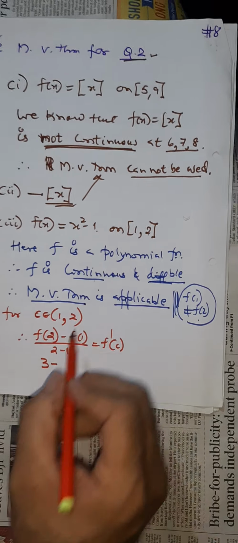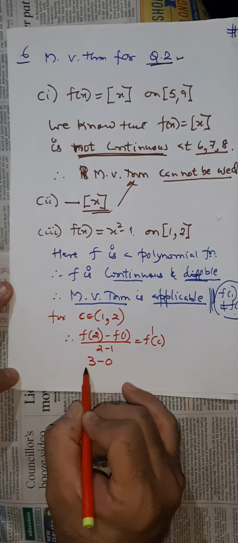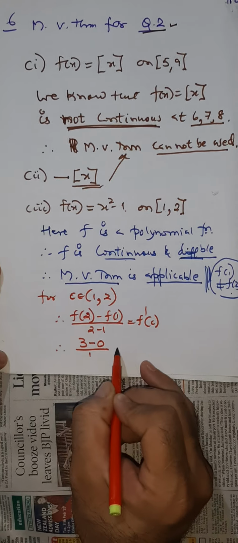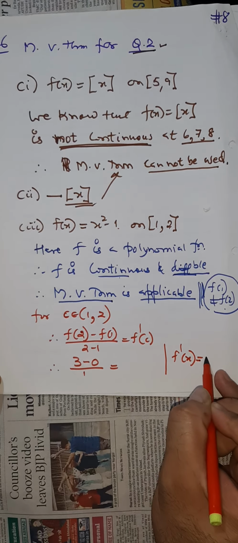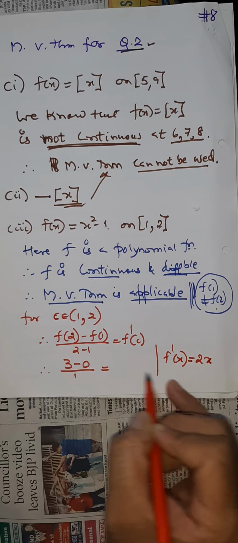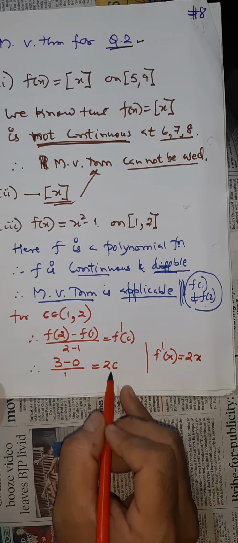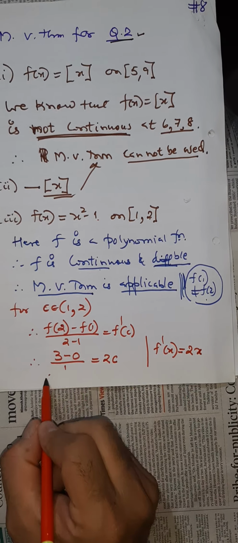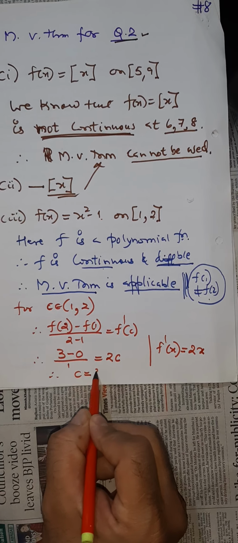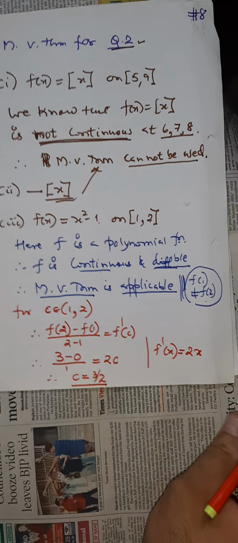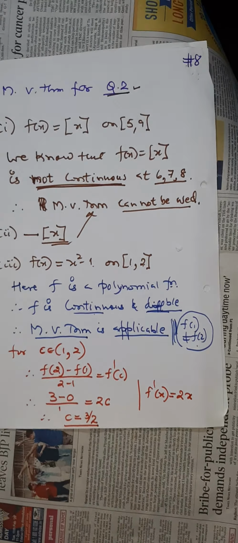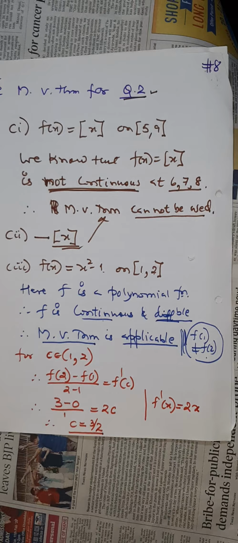What is f of 1? Which is 0, upon 1 here. And f dash c, what is f dash x? That is 2x. So this is 2c. And therefore c will be 3 by 2. This is the value of c here. So in this third example, Rolle's theorem is not applicable, but mean value theorem is applicable.